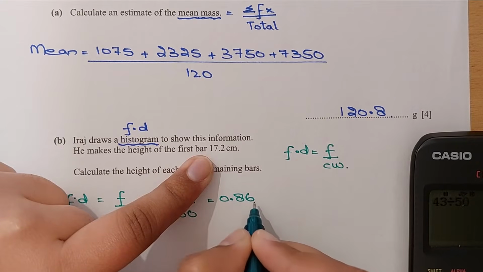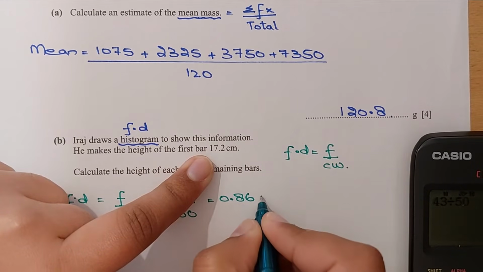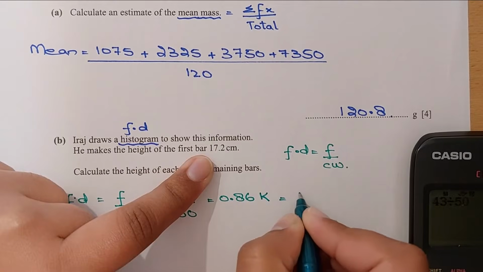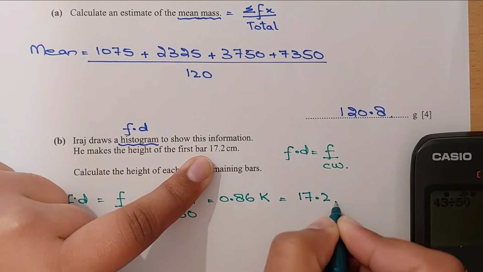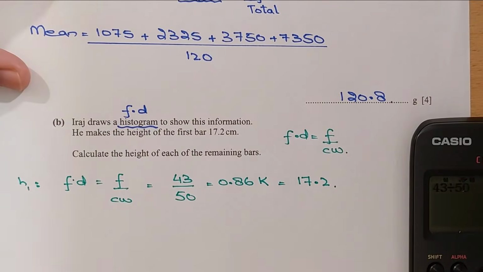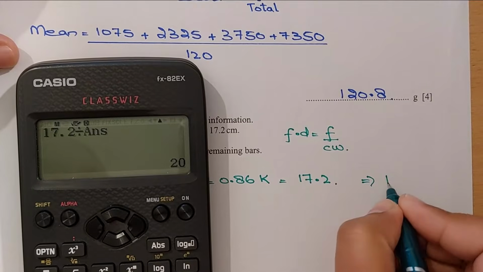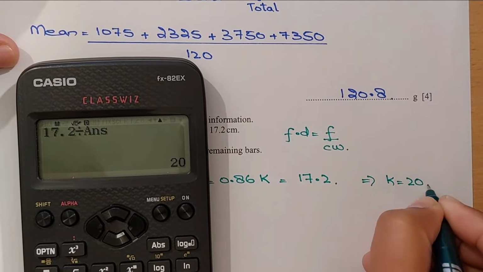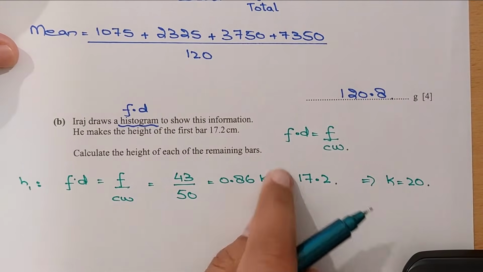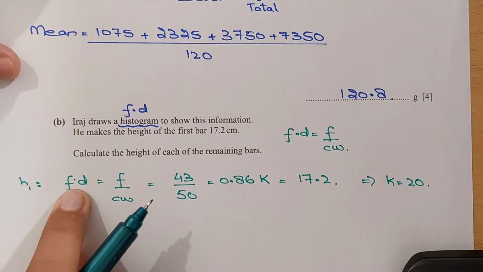So 0.86 times k equals 17.2. Dividing 17.2 by 0.86, the k value is 20. So 20 is multiplied with the frequency density to get each height.